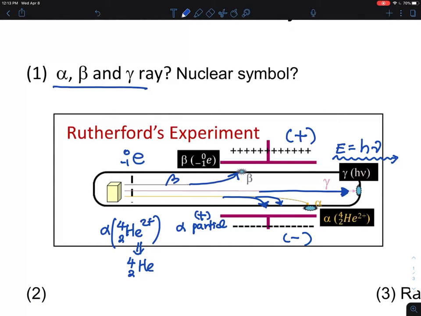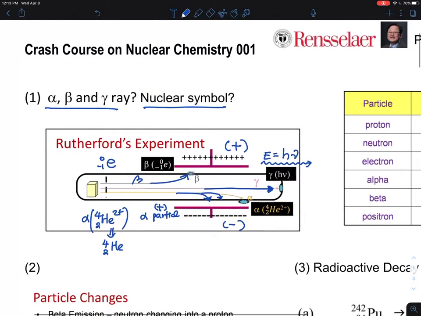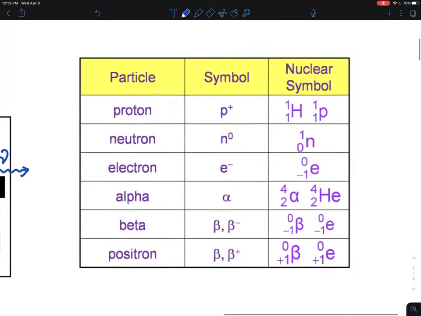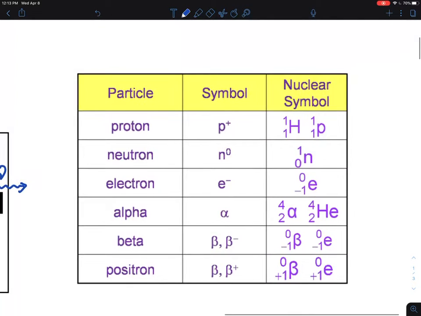And there's a nuclear symbol that you've got to get familiar with in nuclear chemistry. This is the one I found in your slide notes, and to me it is the most important one. And certainly the proton, neutron, and electrons are ones that we saw a lot.